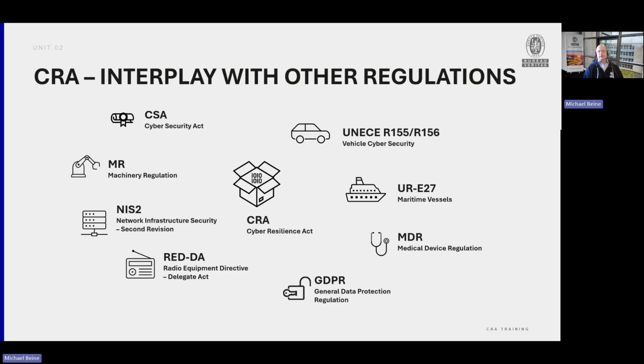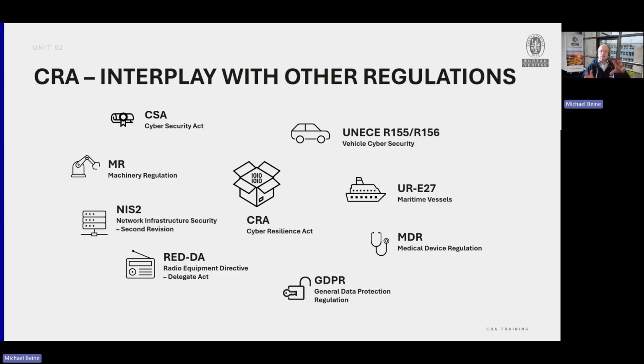And we have the GDPR. The GDPR also has some cybersecurity aspects. Protection of data always has a risk from the cyber side, as cyber criminals will steal data, including personal data. So data processing through equipment or devices, products with digital elements, needs some cybersecurity considerations.